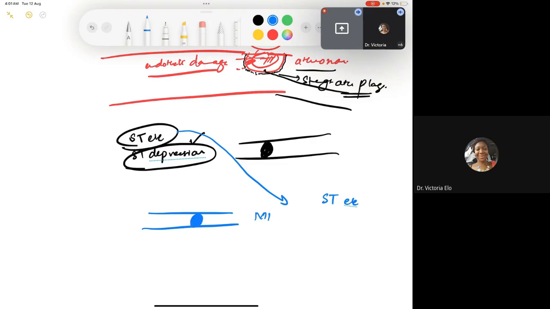If the entire blood vessel is blocked, that would be elevation. I think it's ST elevation, right?